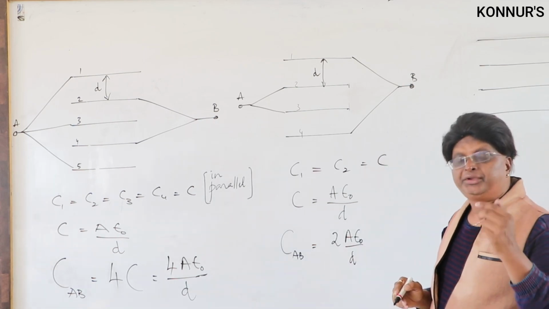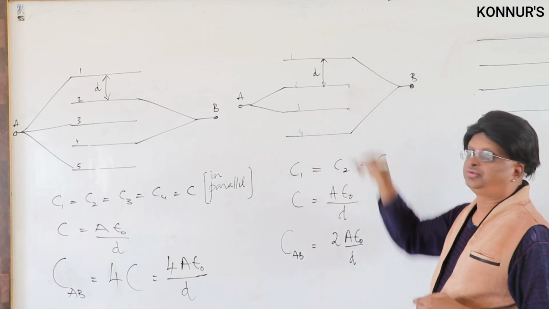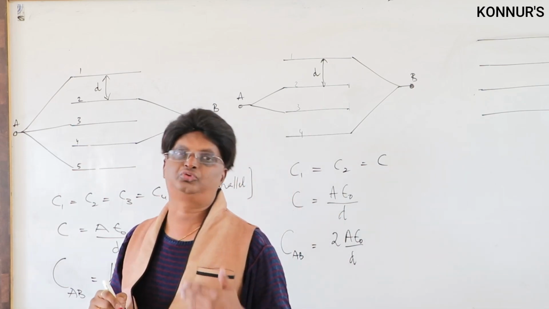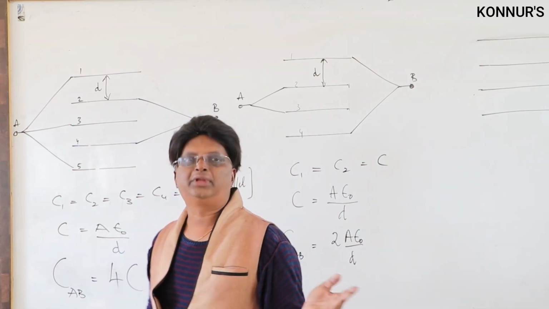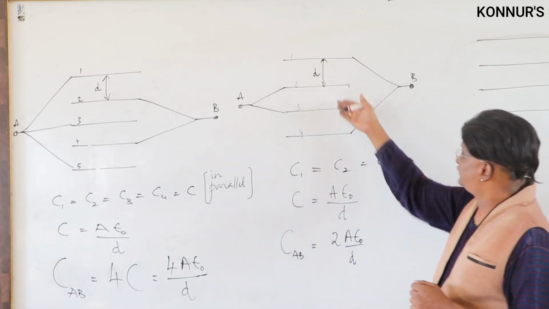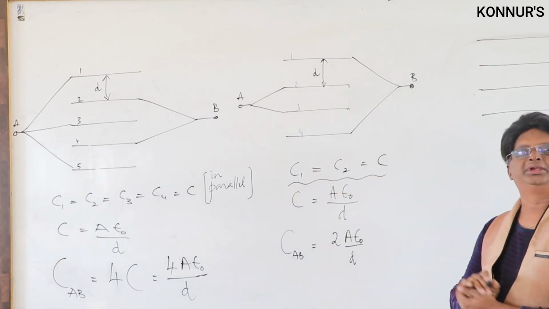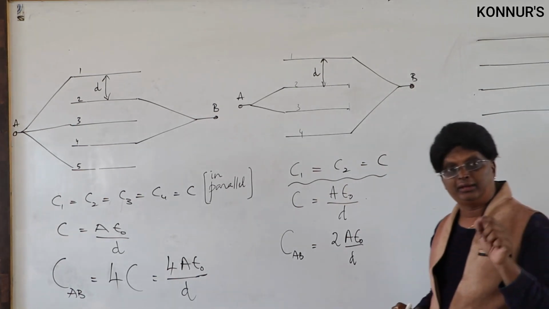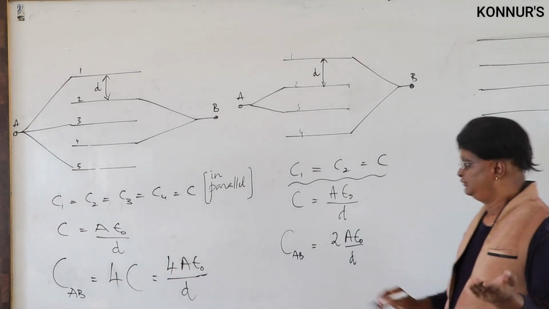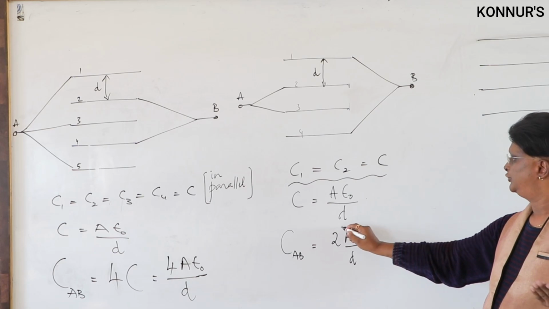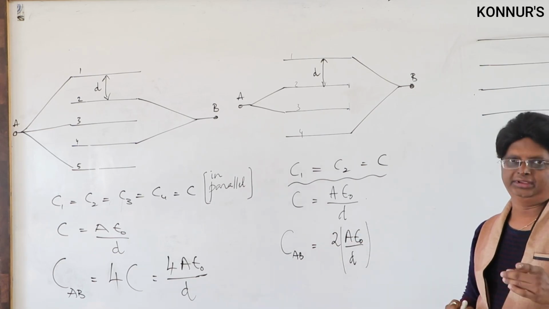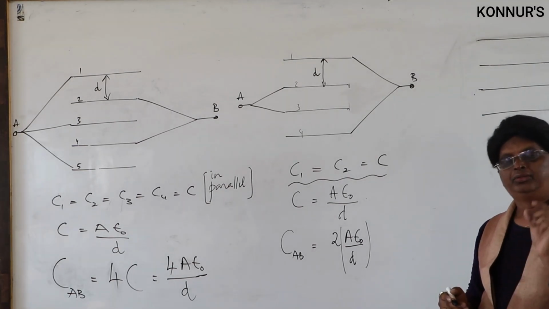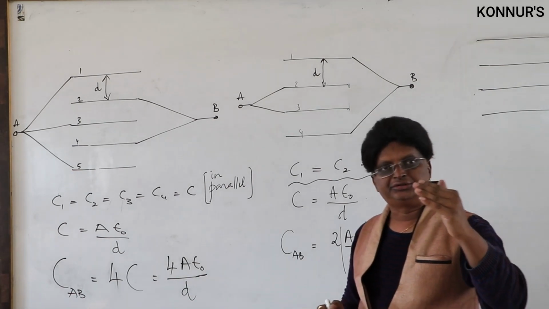We got 2 capacitors. But now look at plates 2 and 3. Both 2 and 3 are connected to the same potential point A. There is no PD between 2 and 3, therefore that arrangement does not act as a capacitor. So in this case we have only two capacitors formed, each of capacity C, that is A epsilon naught by D, and since they are in parallel, the effective capacity across AB is 2 times A epsilon naught by D. So whenever an arrangement of plates is given, we have to see whether there is a PD between the adjacent plates.